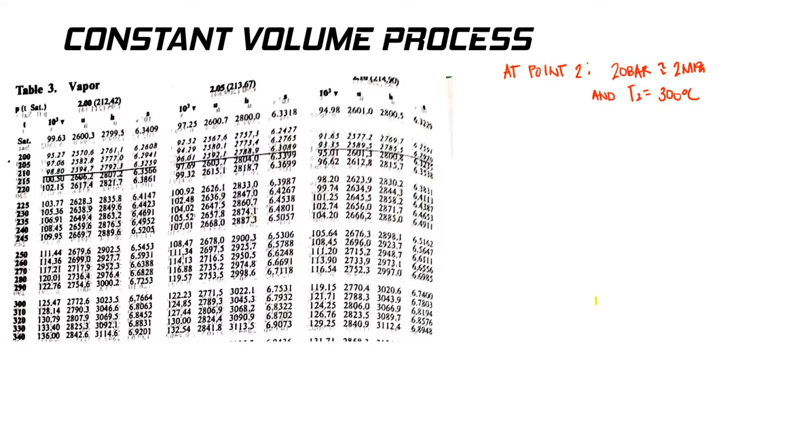Finding the values for 2 MPa and 300 degrees C, we have U equals 2,772.6 kilojoules per kilogram.